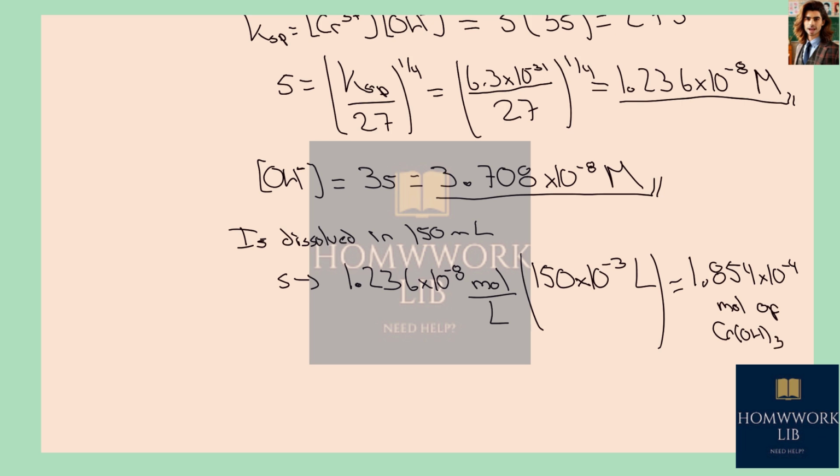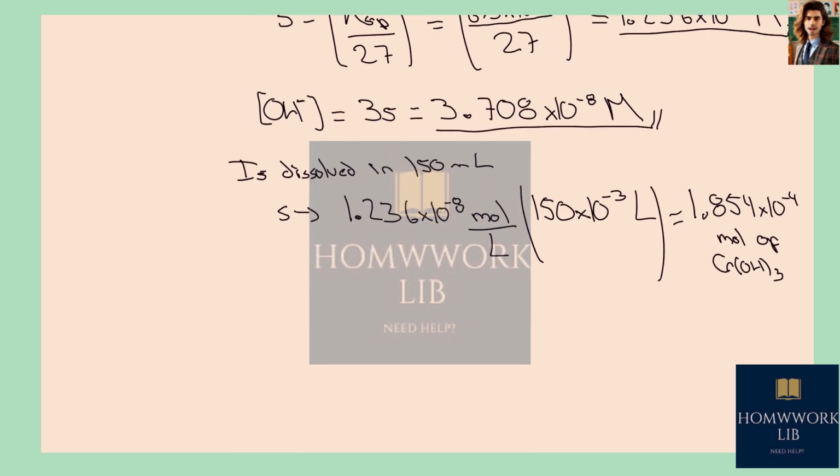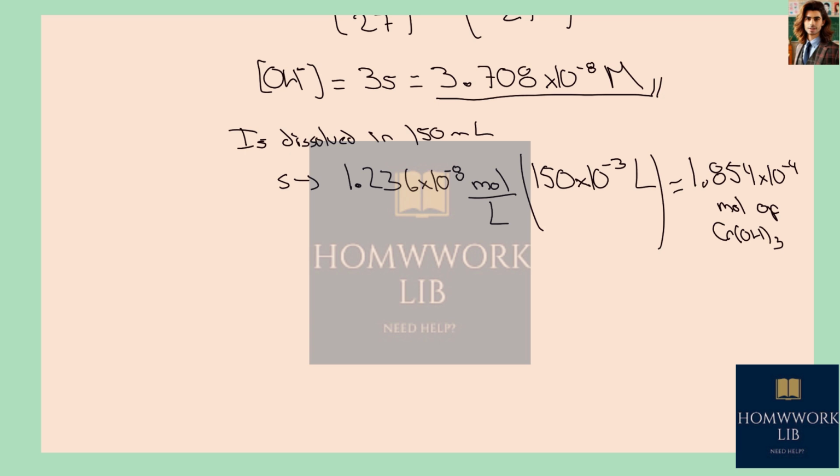And now simply we can use the molar mass in order to get the result. So the amount of mass of chromium hydroxide is going to be the amount of mole times the molar mass, or the molecular weight, right?